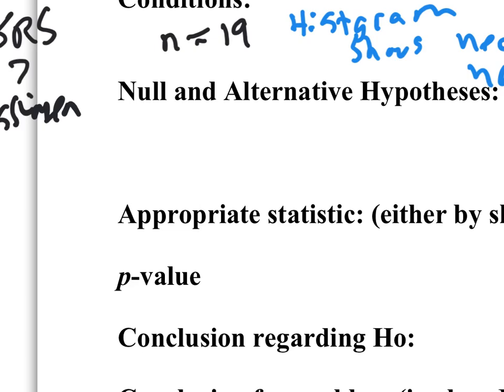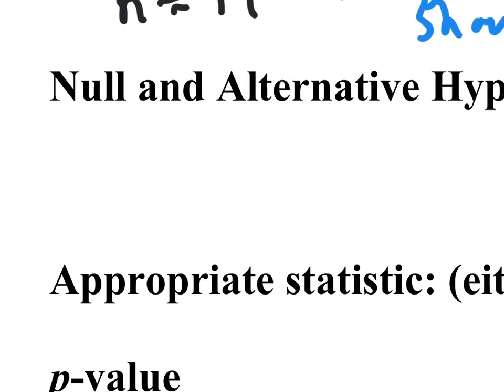Null and alternative hypotheses. This is the important stuff. H naught: mu is equal to... what did the teacher say? In the past, he's been confident that his students usually average 7 feet.